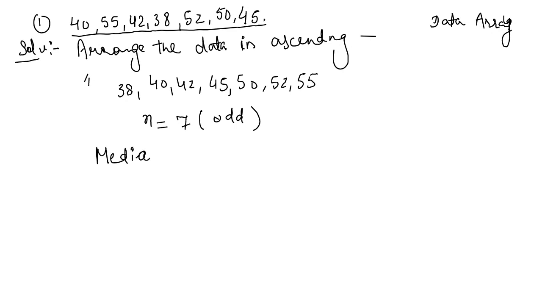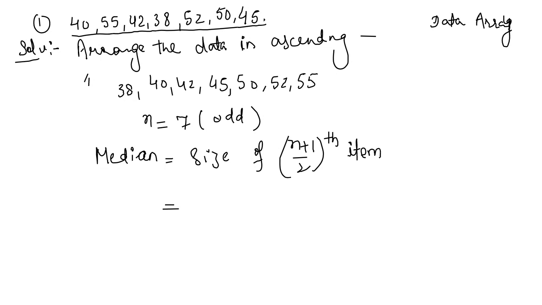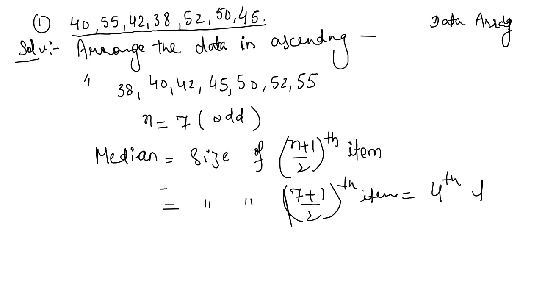In that case, median is equal to size of (n plus 1) by 2th item, which is (7 plus 1) by 2th item. 8 by 2 means size of the 4th item.